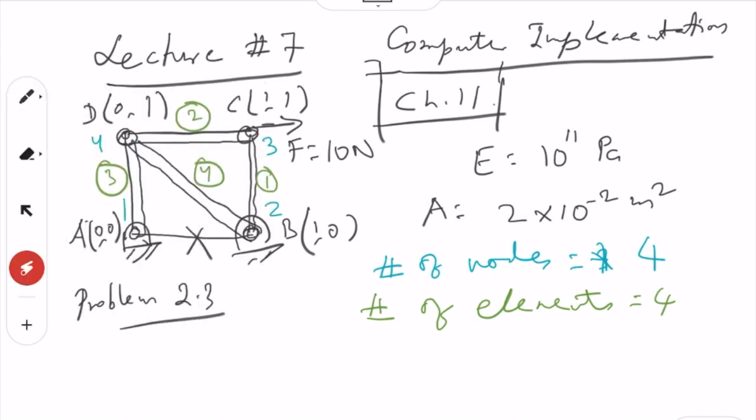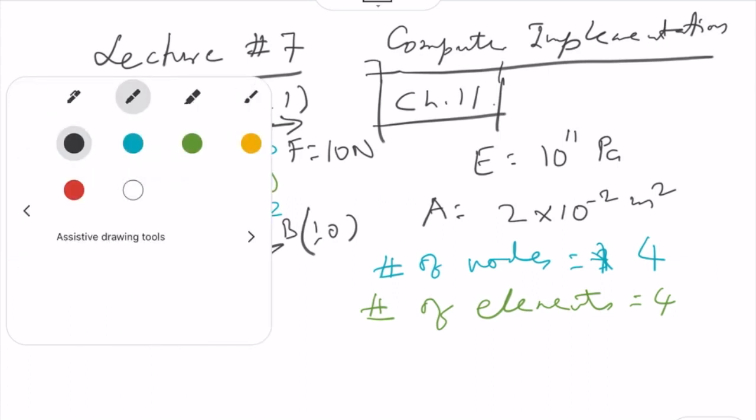In order to find out the stiffness matrix, we have to do all the rotation that we learned in the previous lecture video. Now, we have to first find out the global stiffness and force matrix. Force matrix is easy to find out. We can also have the degree of freedom system as well.